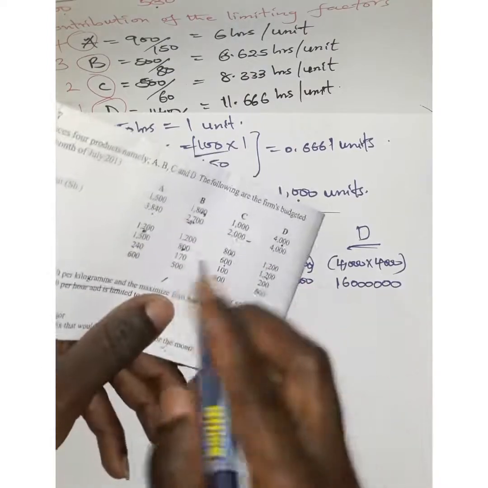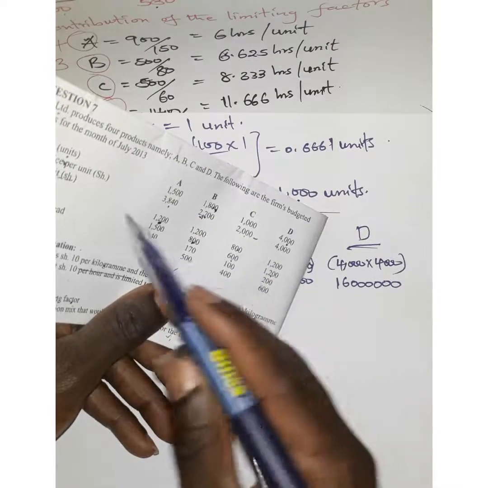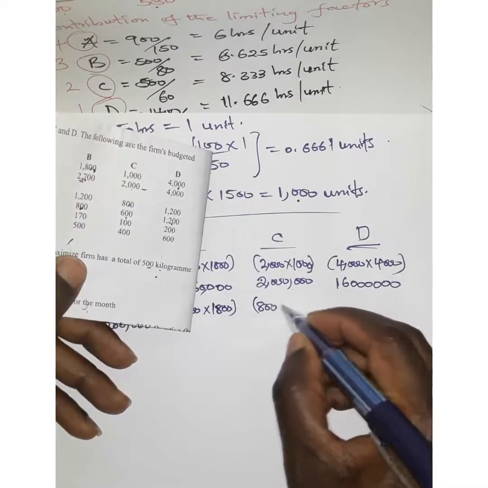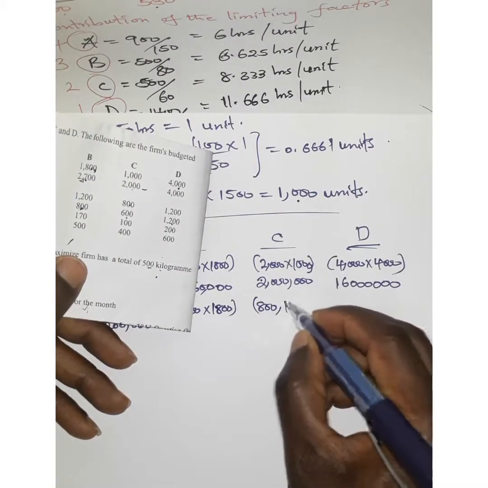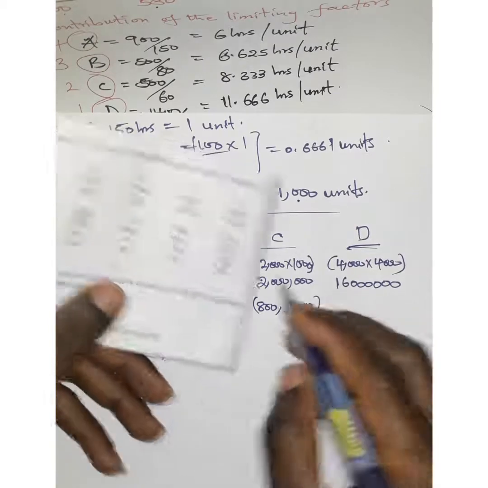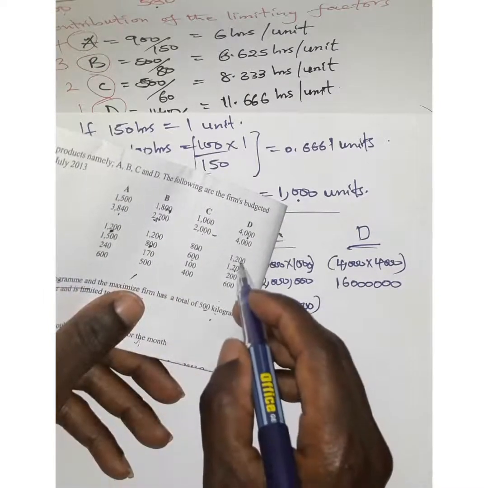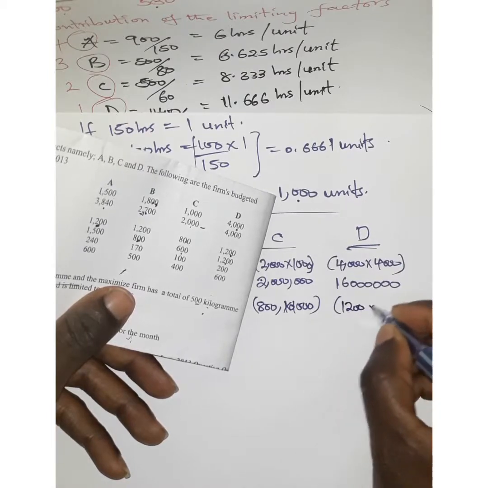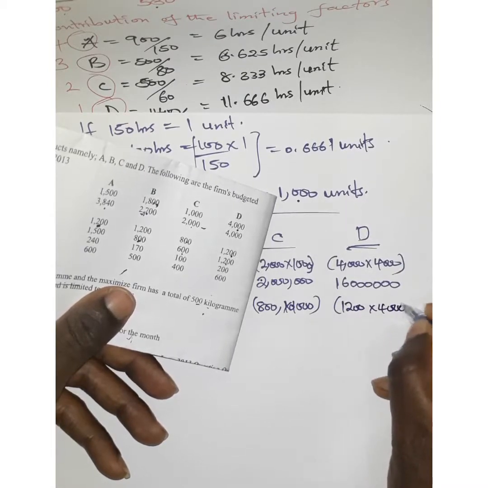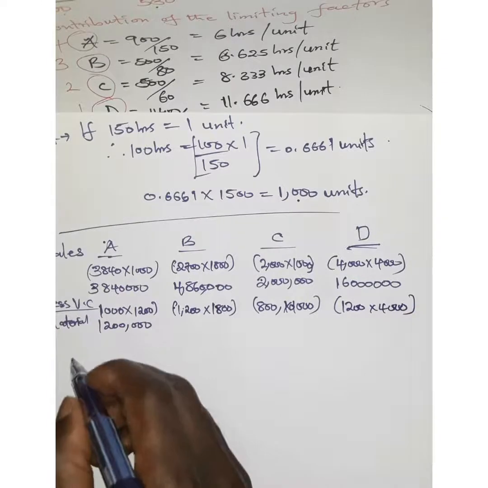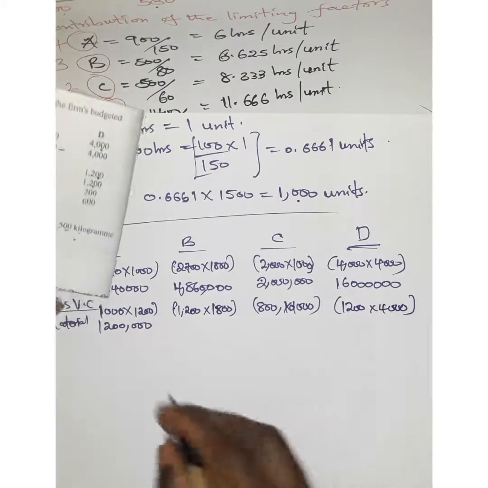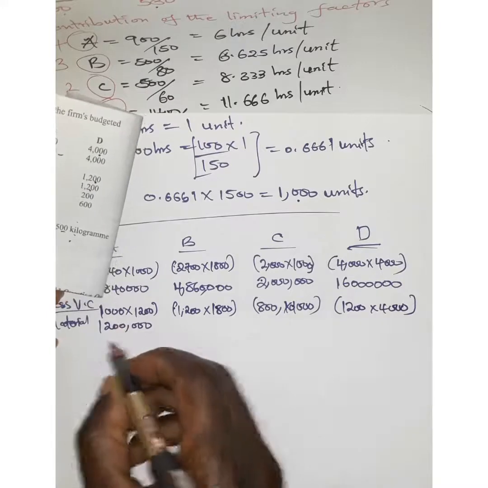C should be material which is 800 times 1000. Then D we have 1200 times 4000.